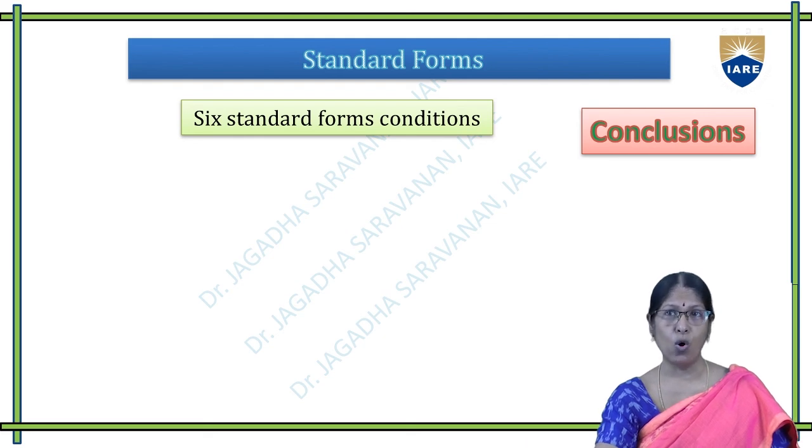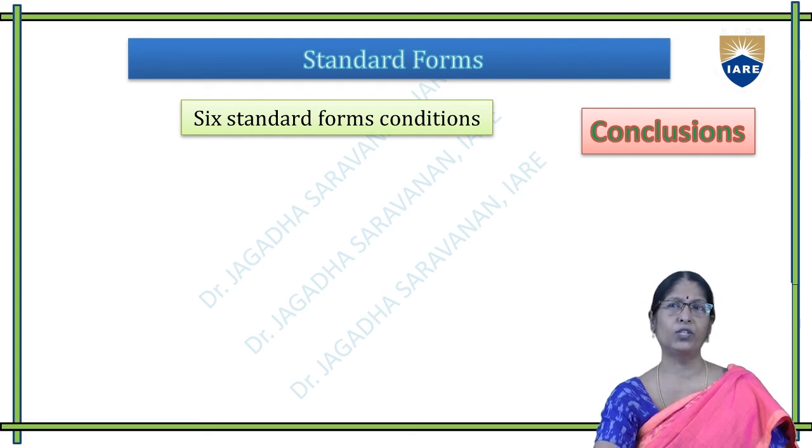If they have more, immediately we can move towards standard form 5 and 6. If X and Y have power, standard form 5. So standard form 5 is to be reduced to standard form 2, and if Z is having the power, standard form 6, it should be reduced to standard form 3.